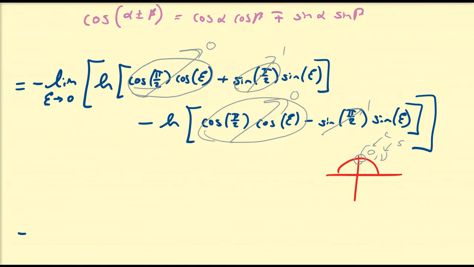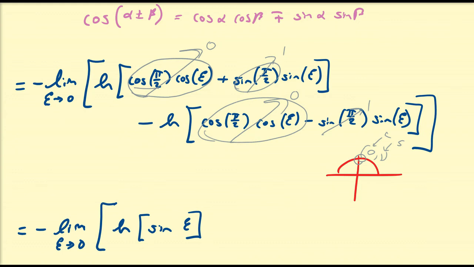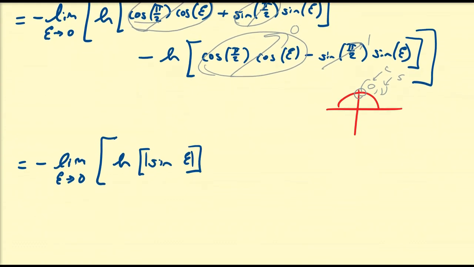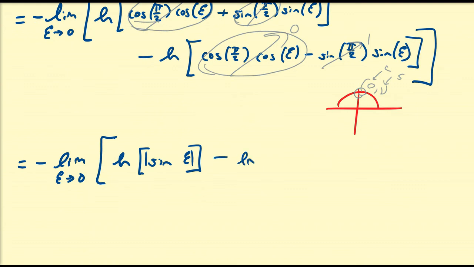So what do we get? This is going to be equal to negative limit as epsilon goes to 0, so let's simplify, of the natural log. What am I left with inside of this first one? The natural log of the sine of epsilon, and remember that there's an absolute value bar inside this logarithm. And then we have minus the natural log of, and I have negative sine epsilon here, so the absolute value of minus sine epsilon.